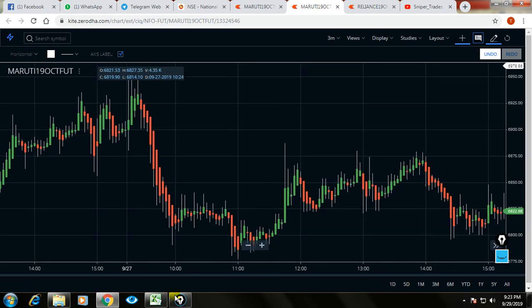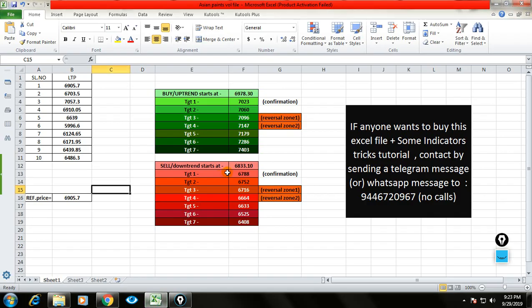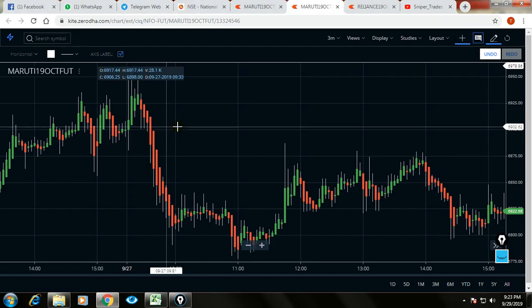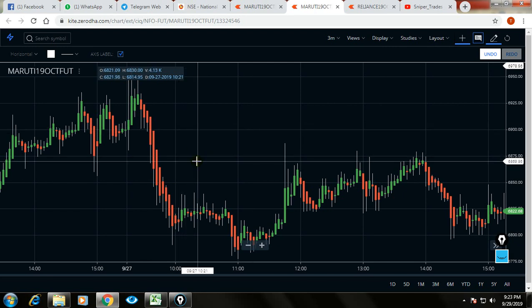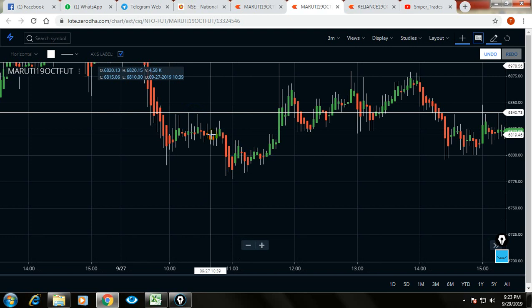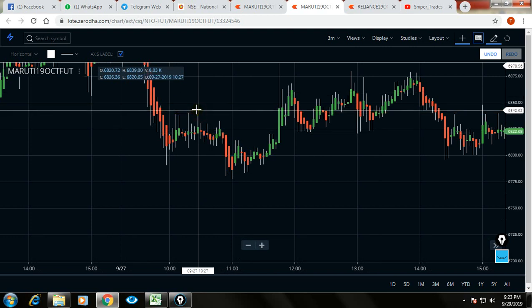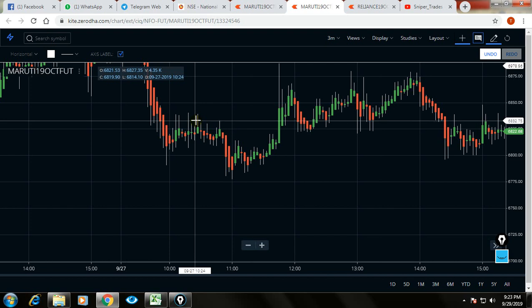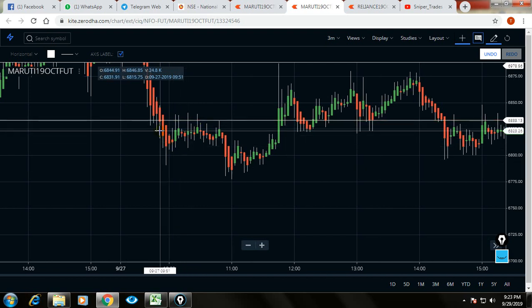Similarly, let's mark the downtrend zone. The downtrend starts at 6833.10. Around here.